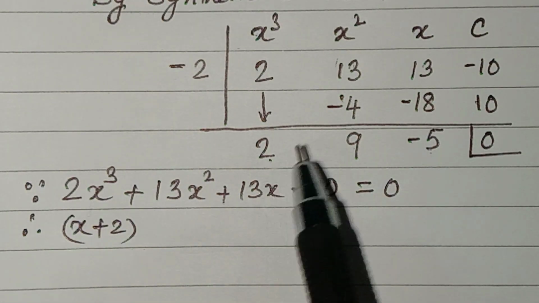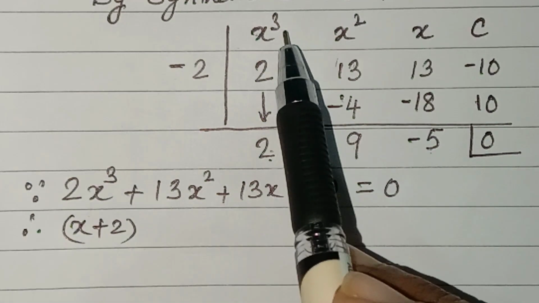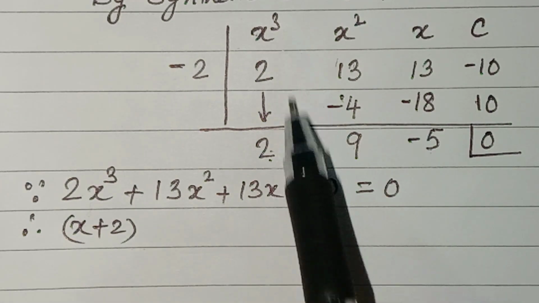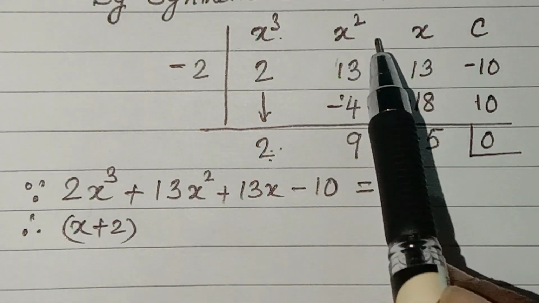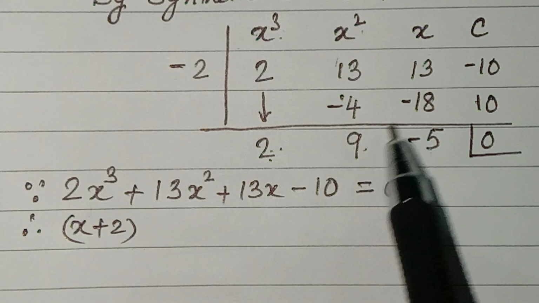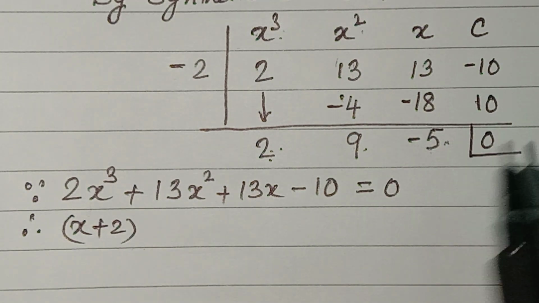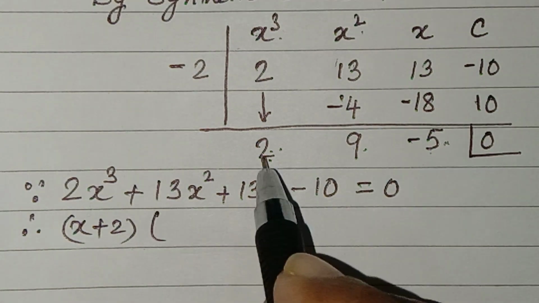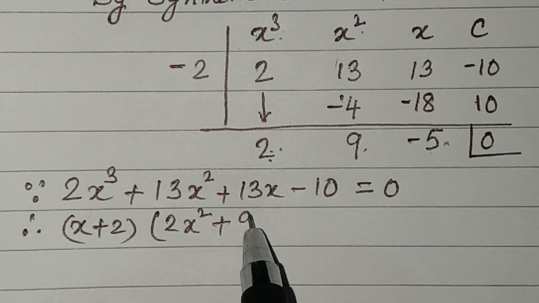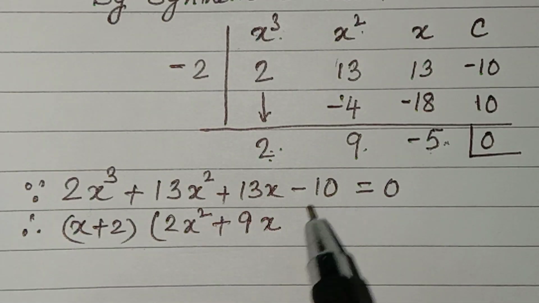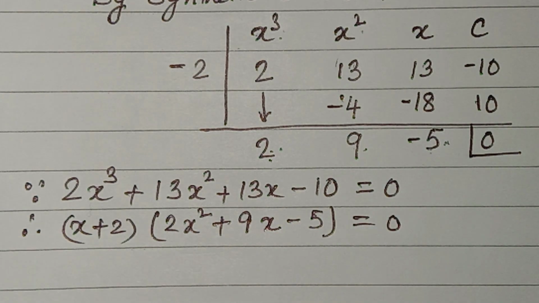This one is 2x square. We write the variable with its power decreased by 1: x cube becomes x square, x square becomes x, and x becomes x power 0, which is 1. So I get 2x square plus 9x minus 5 equal to 0.